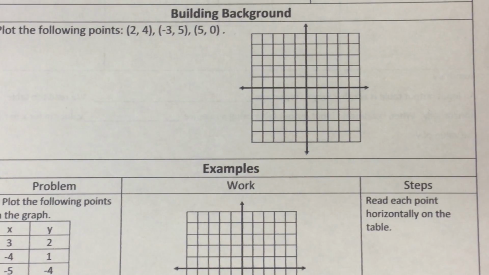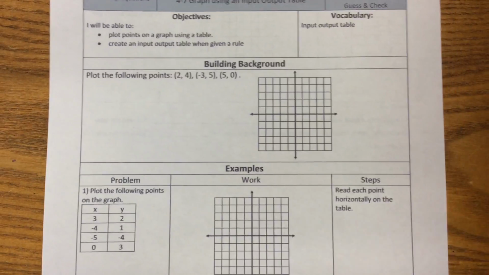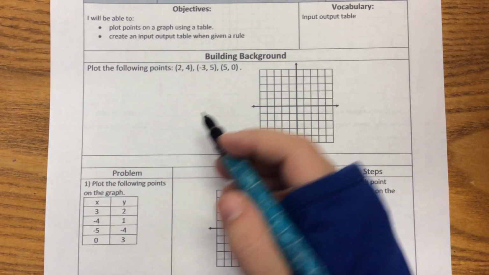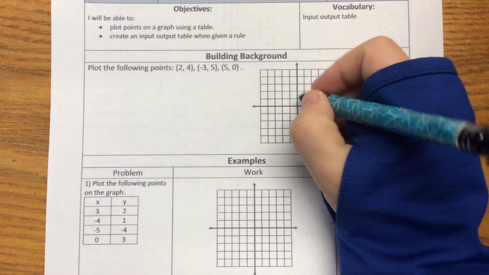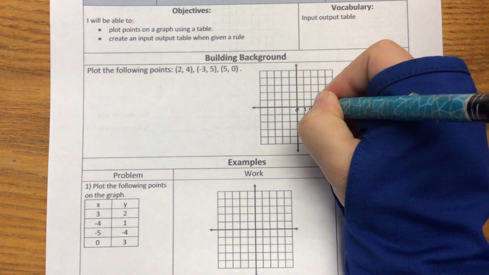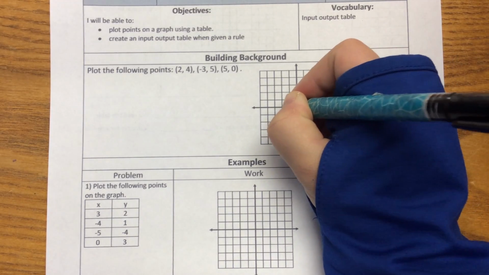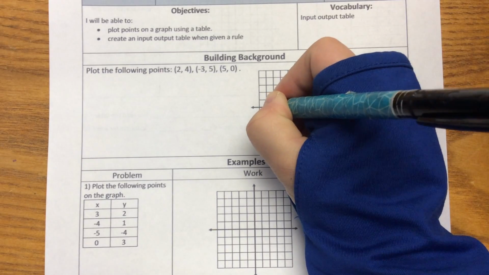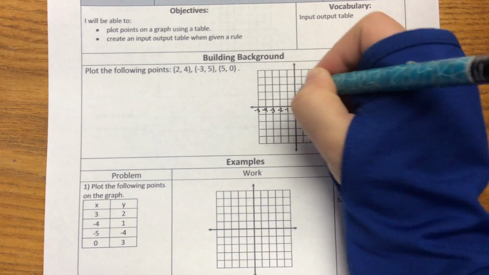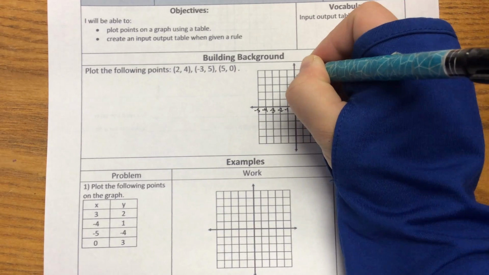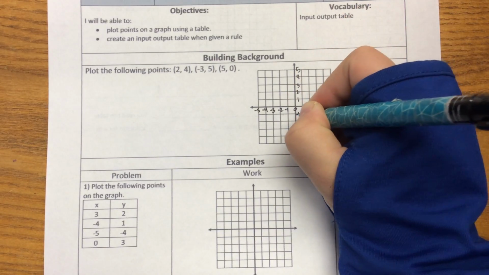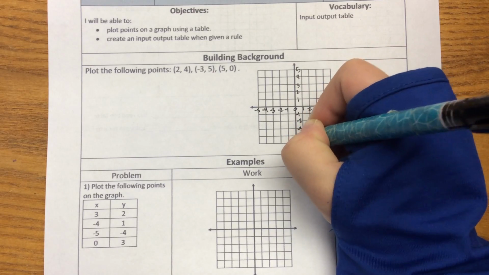All right, so going back to our notes, sorry. We have plot the following: 2, 4, -3, 5, 5, 0. So remember here is 0, and we count the lines. So 1, 2, 3, 4, 5, -1, -2, -3, -4, -5, and then up 1, 2, 3, 4, 5, down -1, -2, -3, -4, -5.